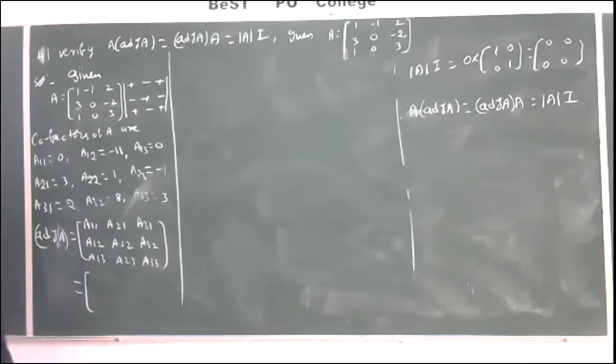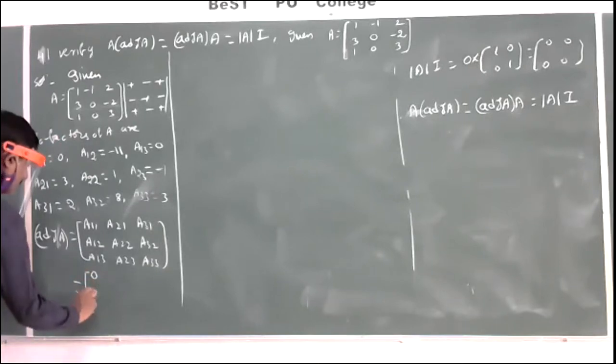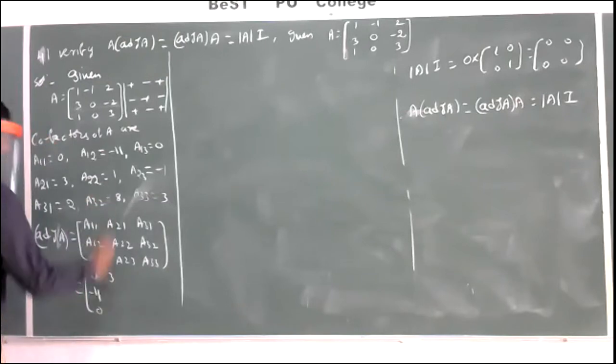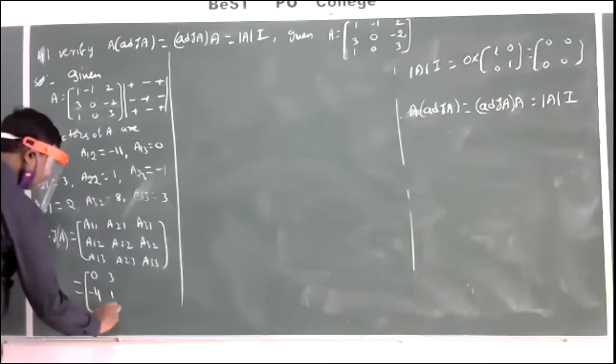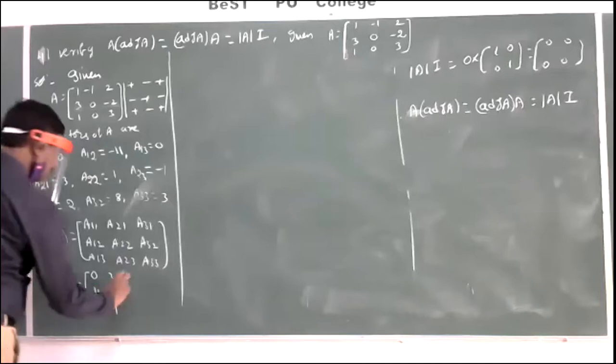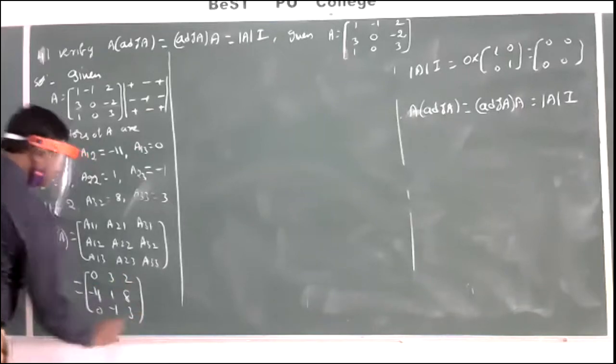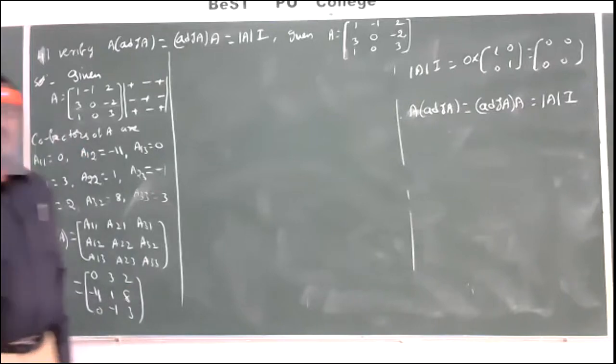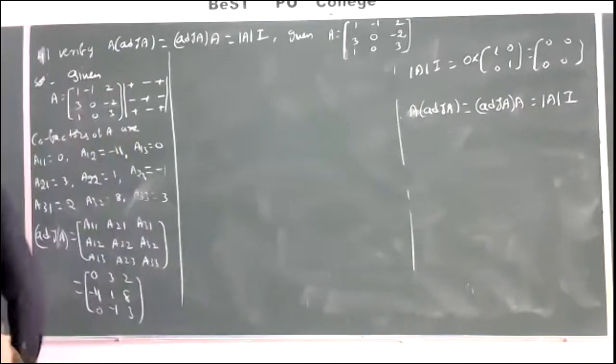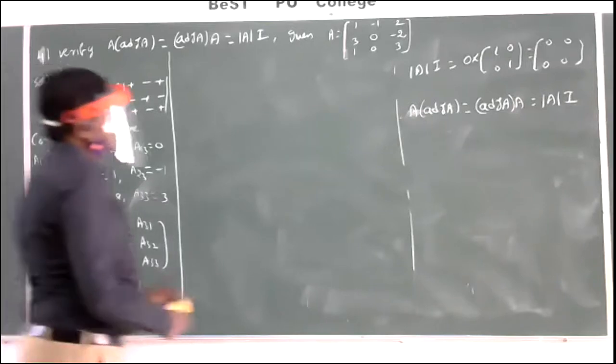This is equal to [0, minus 11, 0; 3, 1, minus 1; 2, 8, 3]. It is adjoint A. Now, A into adjoint A. You have to find A into adjoint A.